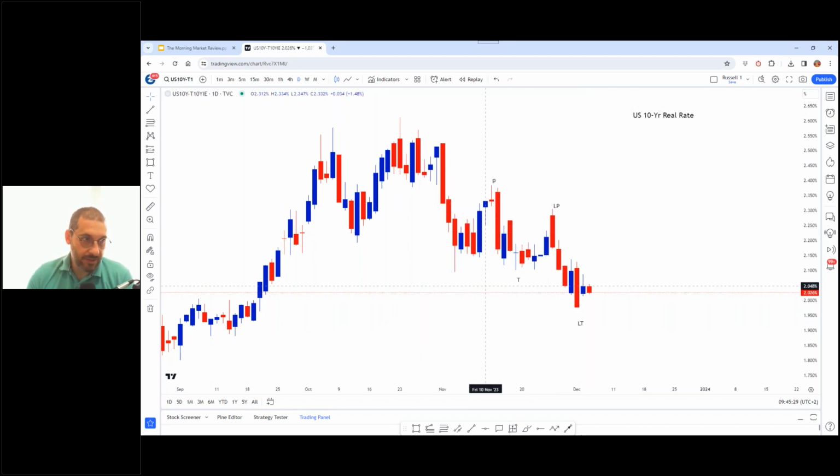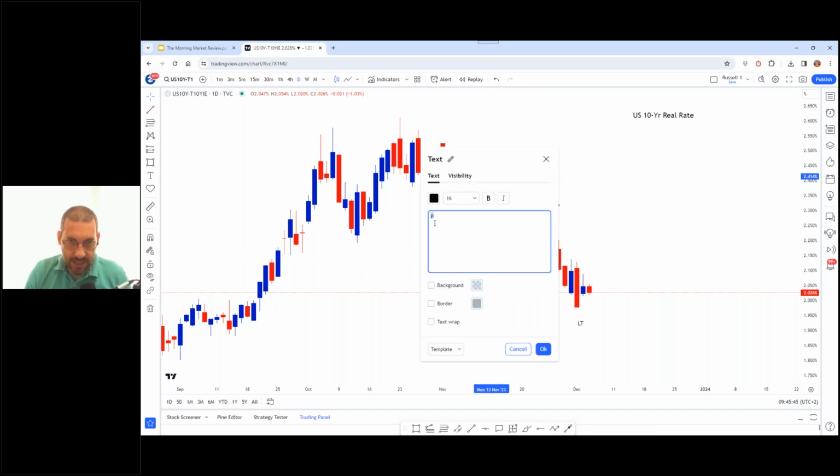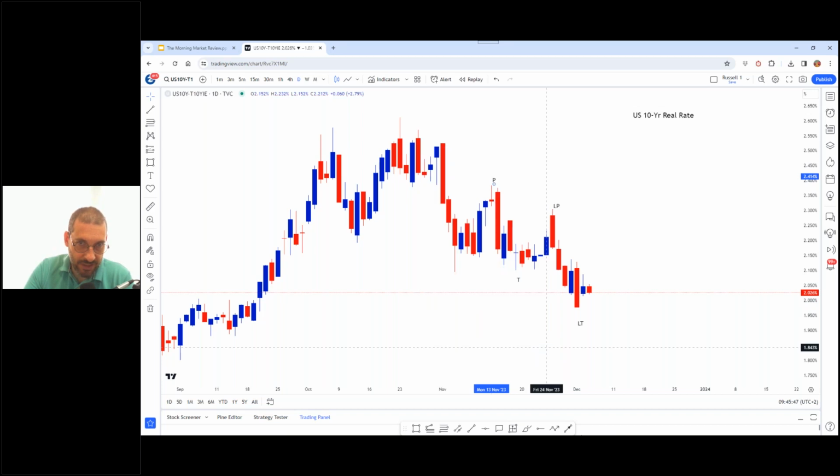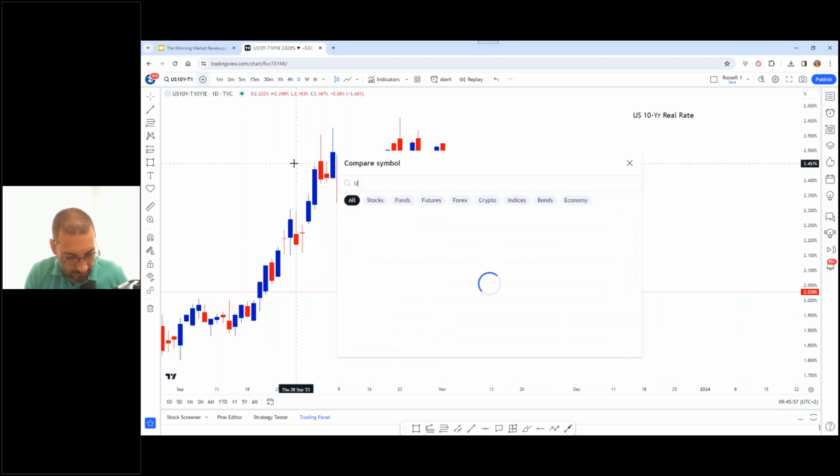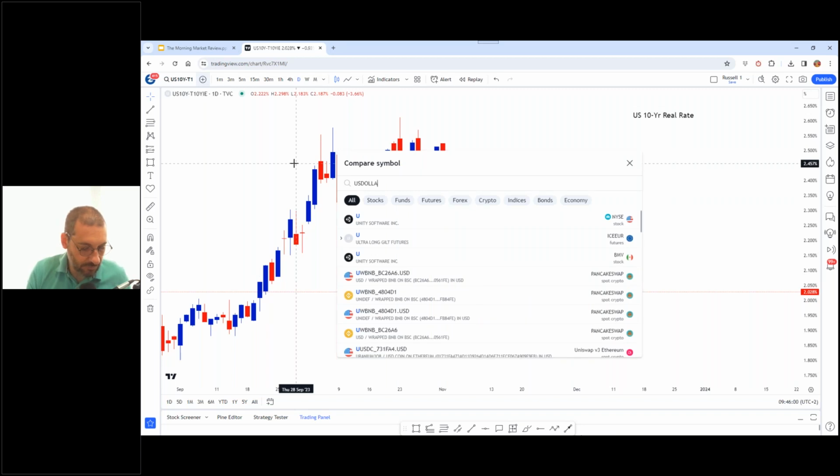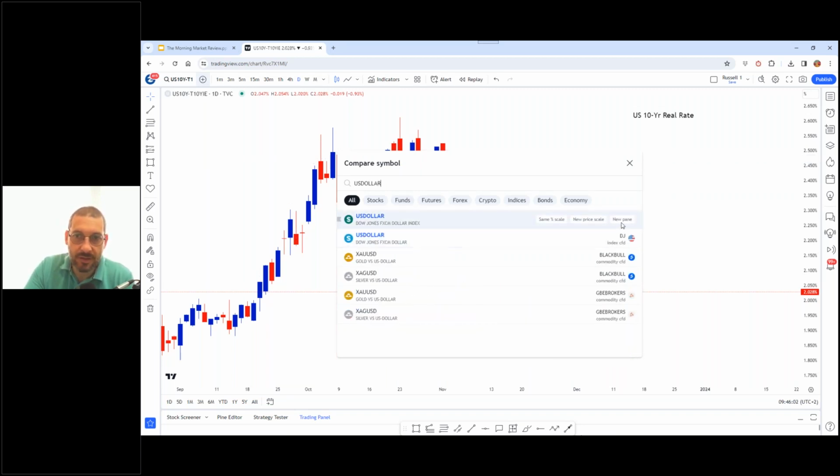The idea here, and why we're spending so much time here, is that this is really what's driving the market, the real rate. At the moment, the real rate has largely been driven by a disinflation catalyst, so to speak, and what that has effectively done is weaken the dollar. So if you take a look here, we'll put the US dollar underneath.